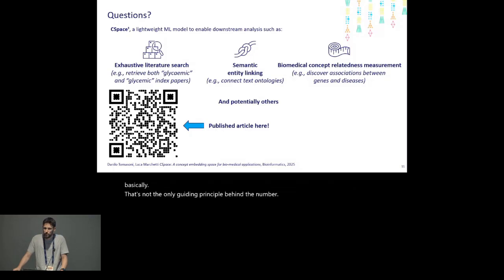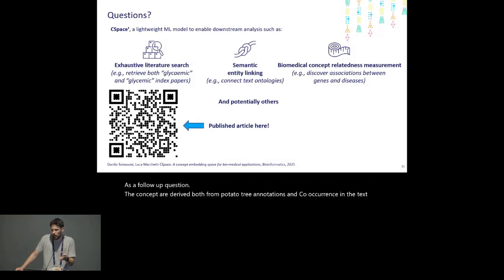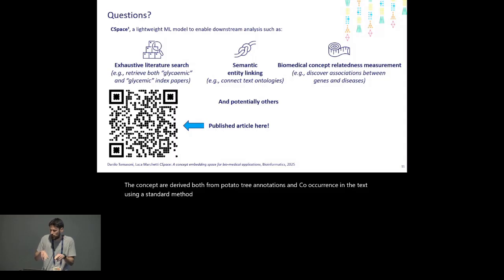Thank you for your talk. As a follow-up question, for this 152, are we using only the individual concepts or the words? The concepts are derived both from PubTator tree annotations and co-occurrence in the text, using a standard statistical method that says that two words are the same concept if they often co-occur together in the literature.